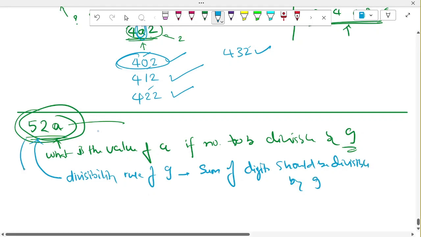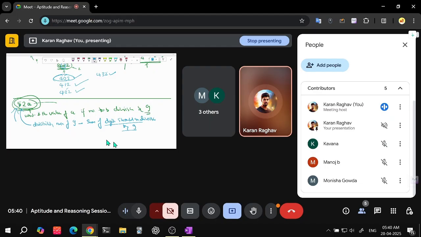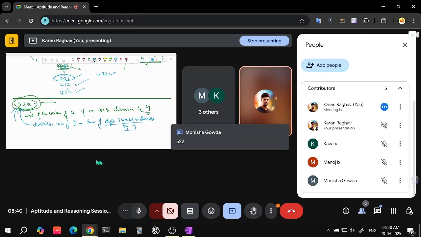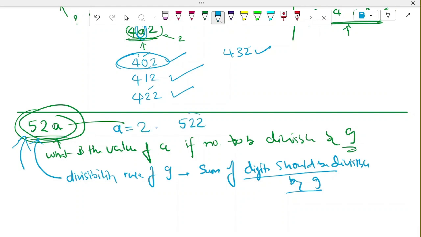So can you tell me what is the value of a? Yes, I have got an answer. The value of a will be equal to 2. So the number is 522.